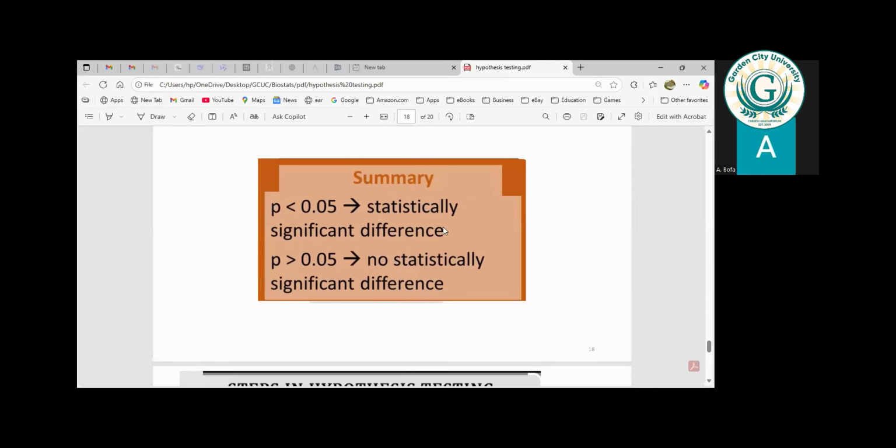Going for the alternative means there's a change, there's some difference, there's a statistical significance. All these things I've mentioned, so that's why I'm skipping.